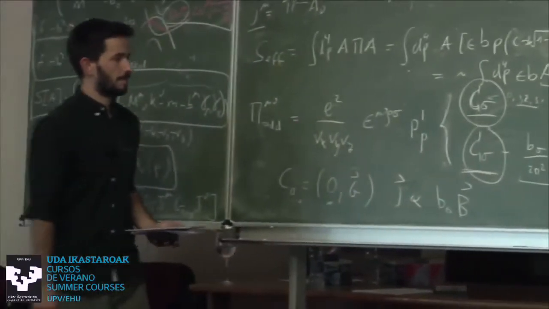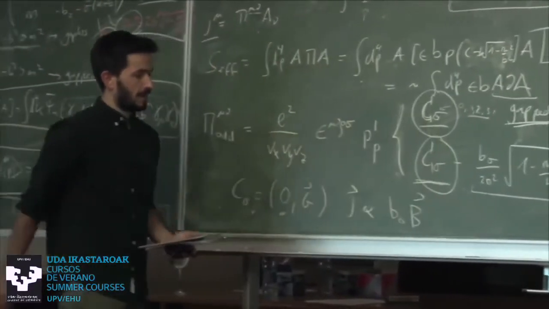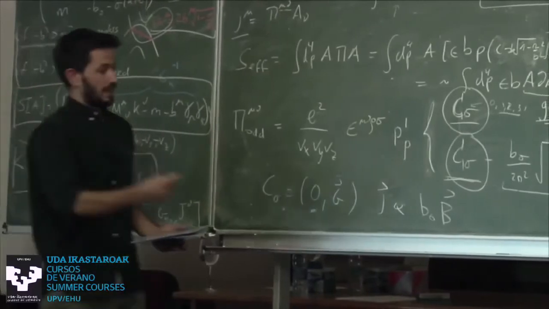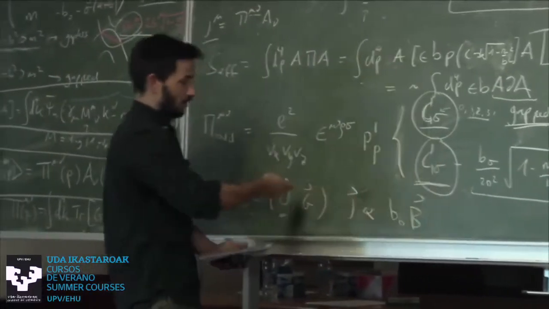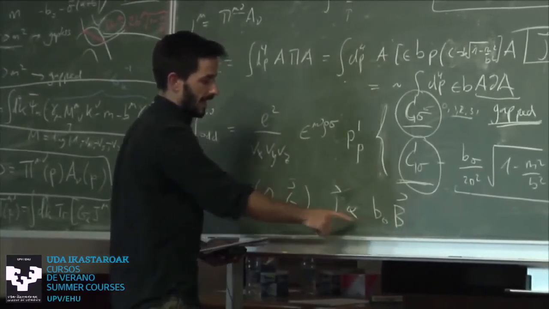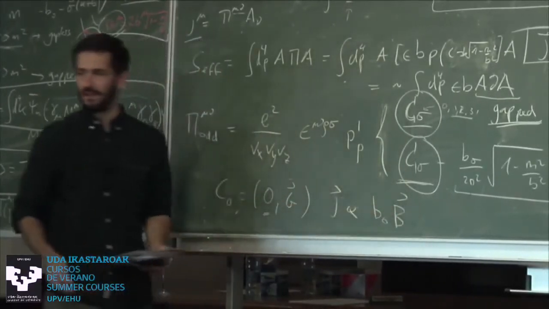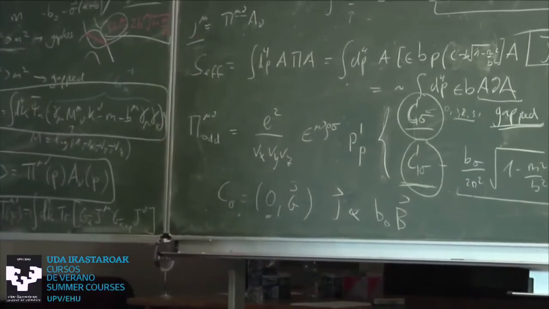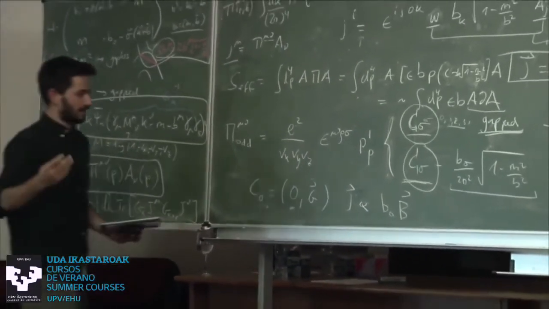So B0B in the gapped phase, meaning that an insulator would have a current that is parallel to a magnetic field, which is pretty weird because currents are usually perpendicular to magnetic fields.